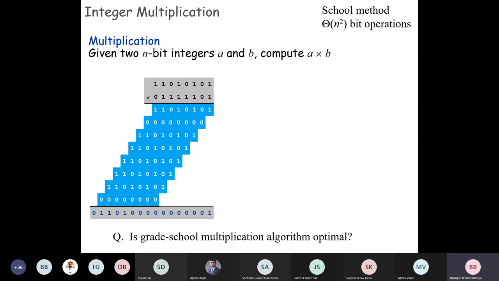This is a fundamental question, and it was studied by mathematicians for centuries. It has challenged several mathematicians over the centuries. What is the optimal complexity for implementing multiplication of two n-bit integers?